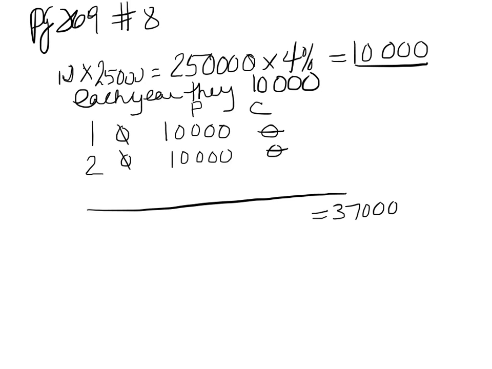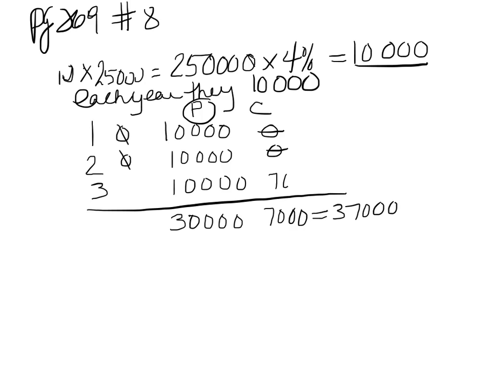We know that in years 1 and 2 the preferred were owed 10 each, and then they get their current year dividend as well. So the preferred shareholders would get 30, and the common shareholders would get 7, which equals our $37,000.